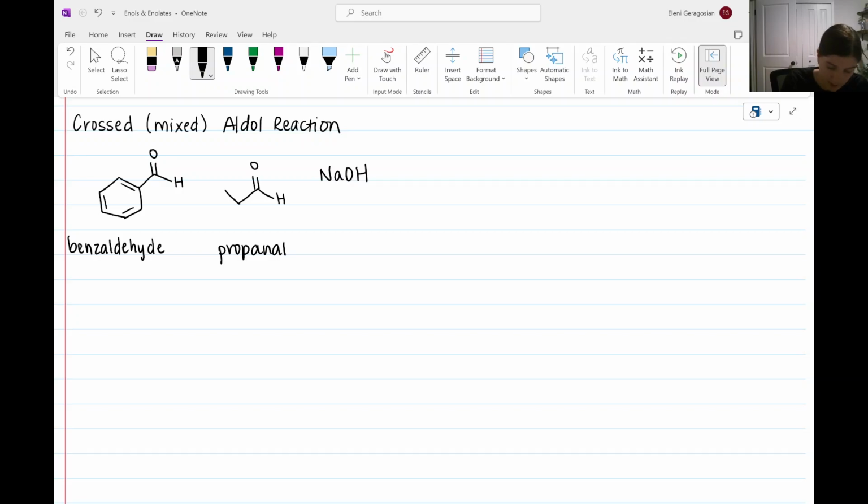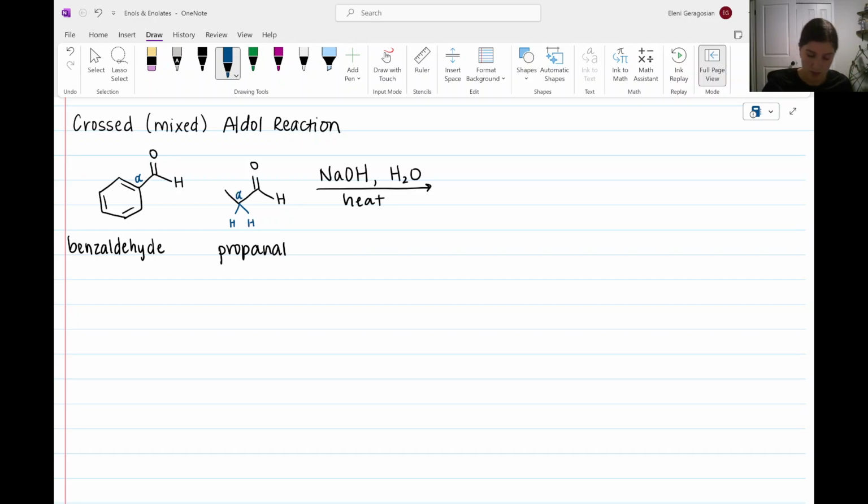We have sodium hydroxide, so we have a base in water, and we will add heat. If we look at benzaldehyde, it has one alpha carbon, but there are no alpha hydrogens there. So we cannot form an enol or an enolate with benzaldehyde. The only starting material that has an alpha hydrogen is propanol.